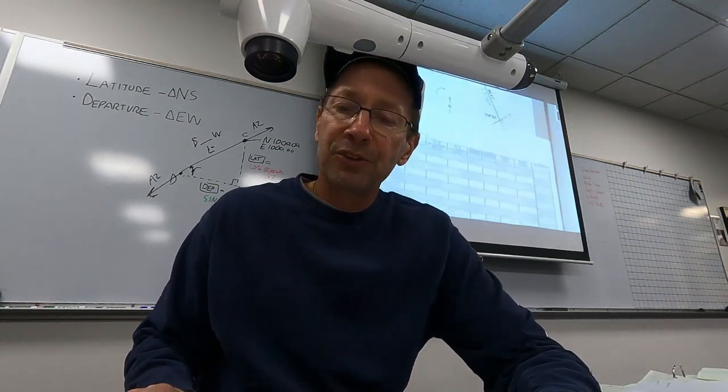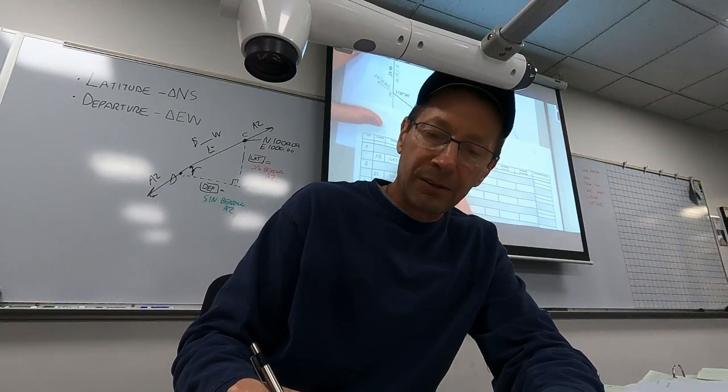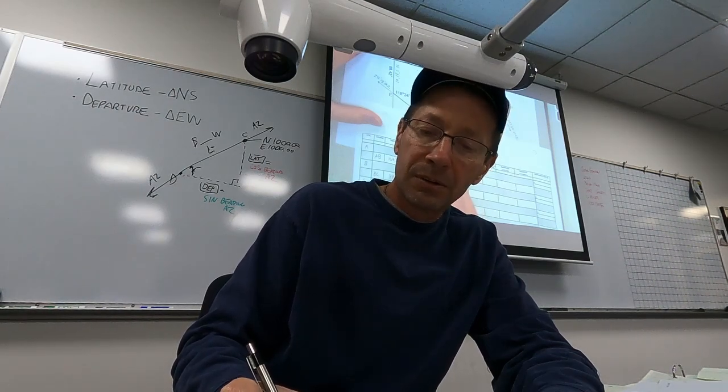You guys can run around the shape, same thing. So B to C looks like 149.